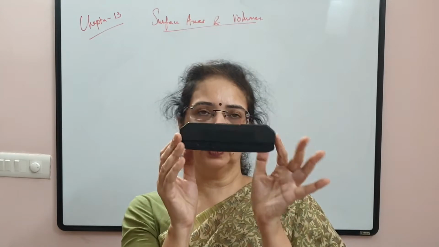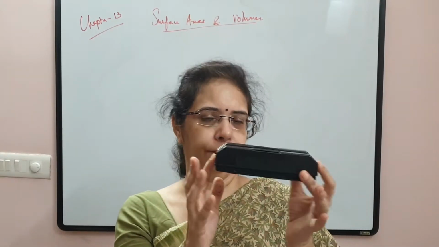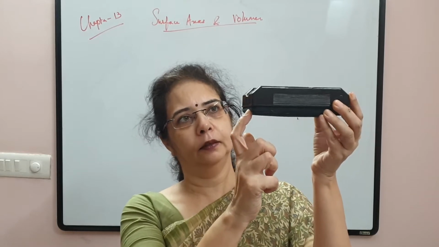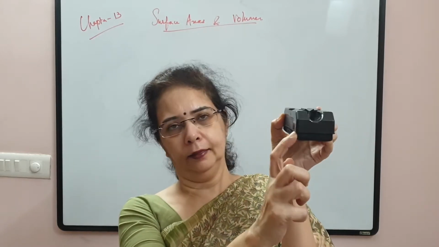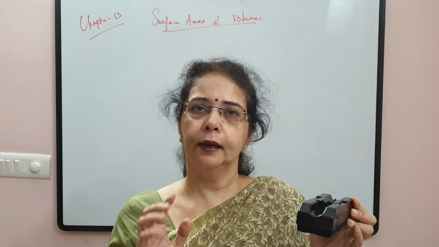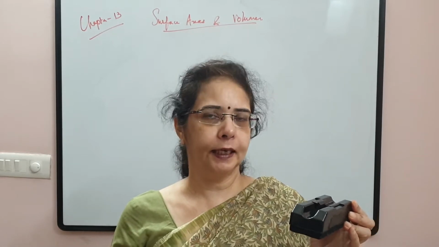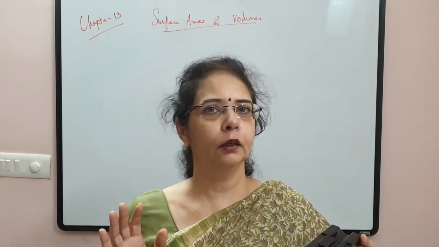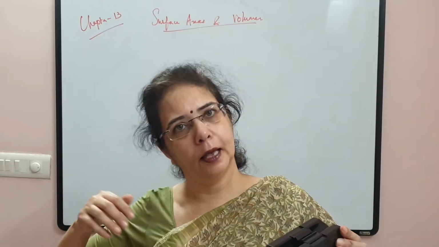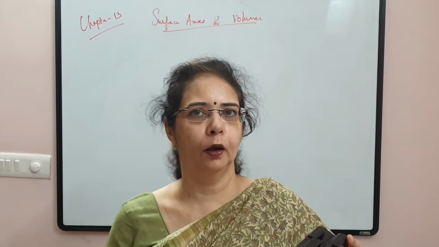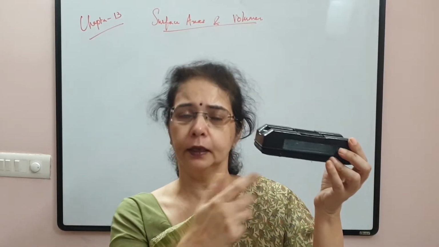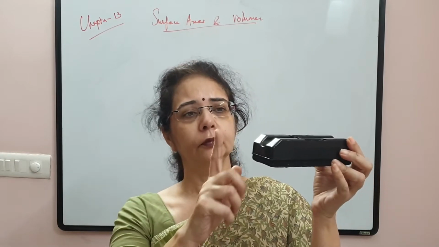Children, take the case of this duster. This is the breadth, this is the length. Although normally, conventionally, we take length to be longer than breadth, there is no written down rule in that regard that length has to be longer or breadth has to be longer. It can be otherwise also.